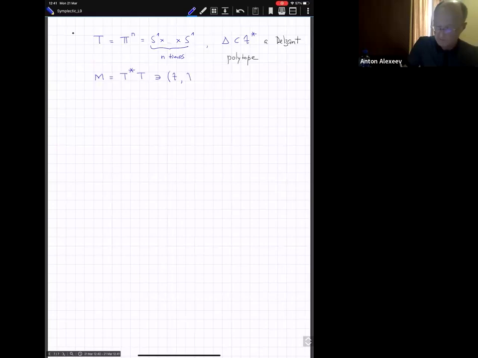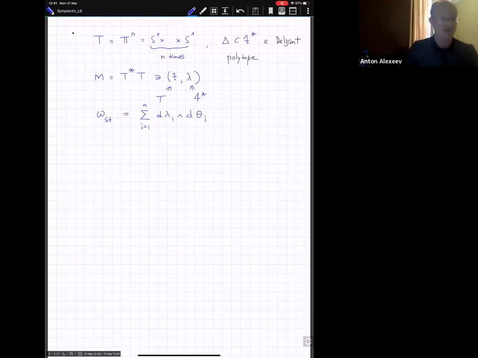So it has coordinates t and lambda. So t is in T, lambda is in T star, and it has the standard symplectic form, the sum over i from 1 to n of d lambda i wedge d theta i, and yeah, let me denote the angles d theta i.